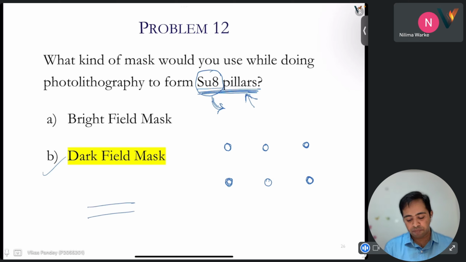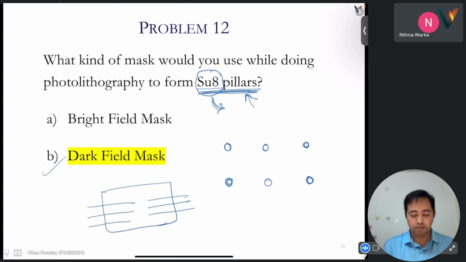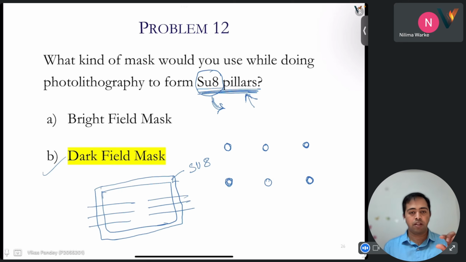Like I think I discussed in the previous class, if we have electrodes and we want that whatever analyte or tissue we put does not go beyond this area, this covering tank kind of structure is generally made using SU8. It can be a thick resin kind of structure.